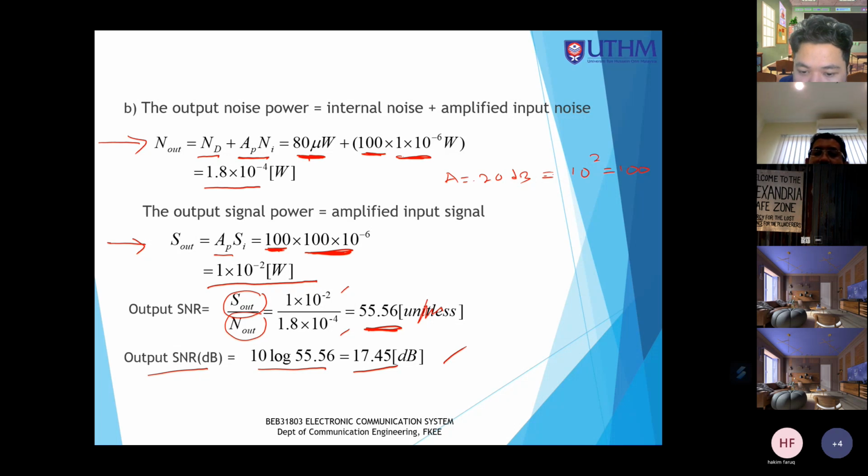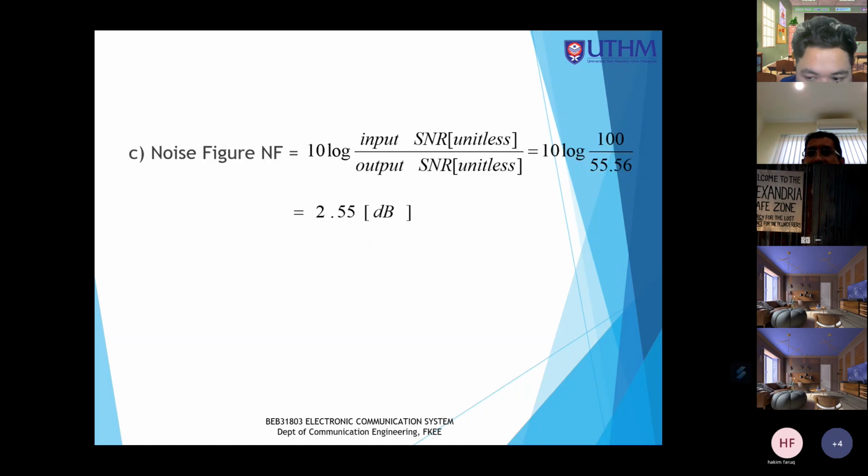So we can find how much is the F value and also the NF value. Okay, so therefore, if you see from here, the noise figure is 10 log of F. So 10 log of input SNR over output SNR.